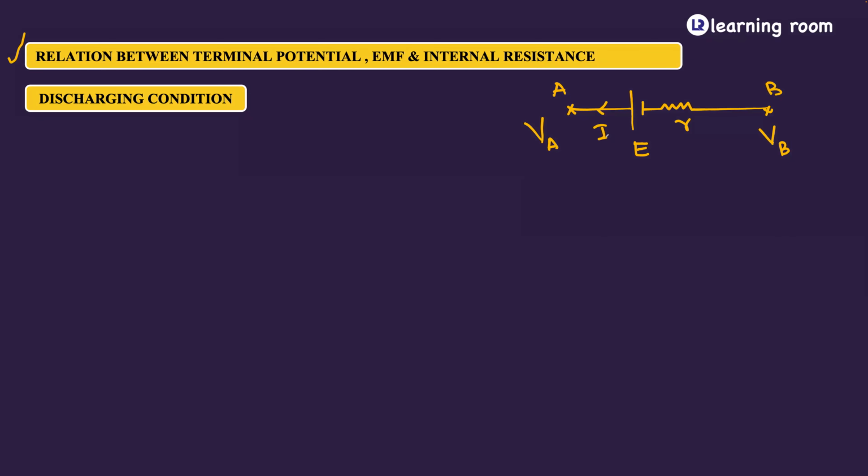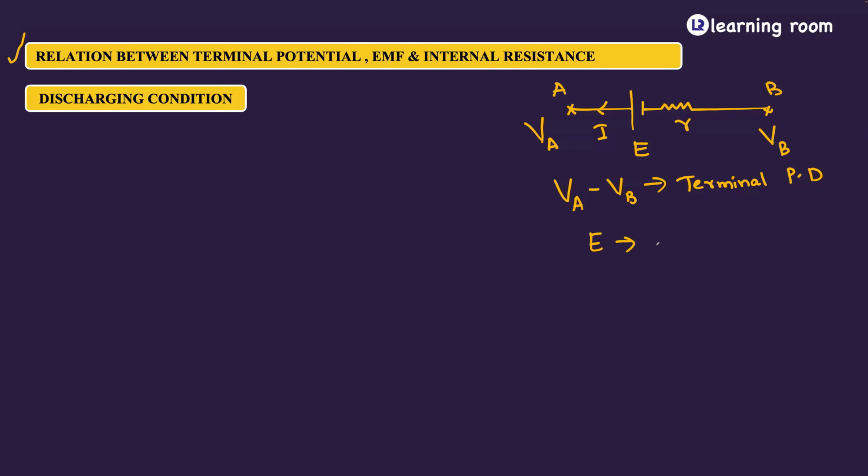So here, my job is to find the terminal potential difference, meaning the potential difference across the terminals of the cell, the ends of the cell. So this has VA and this has VB. Obviously, the positive terminal is on the leftward side. So VA will be greater than VB. So VA minus VB is what is called the terminal potential difference.